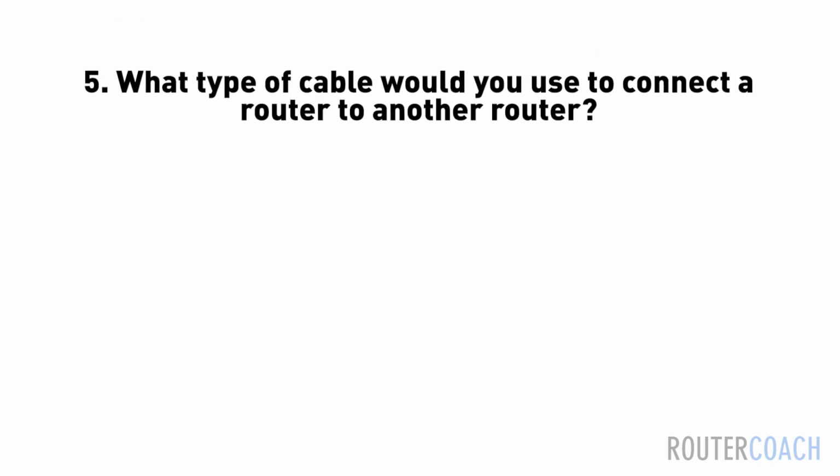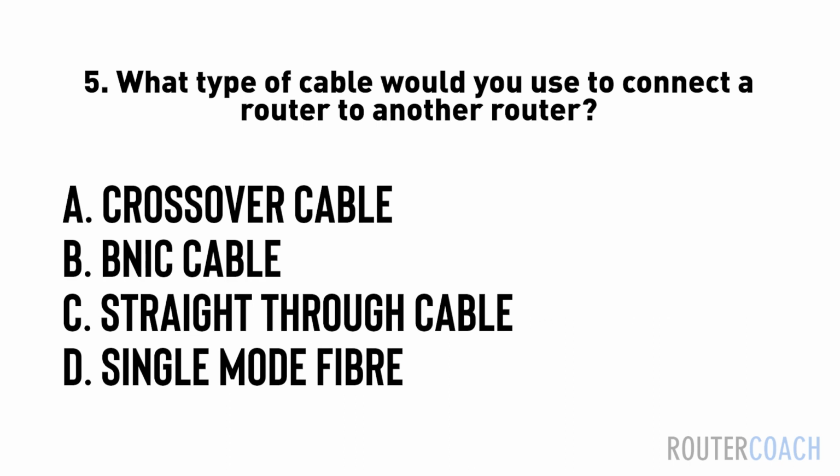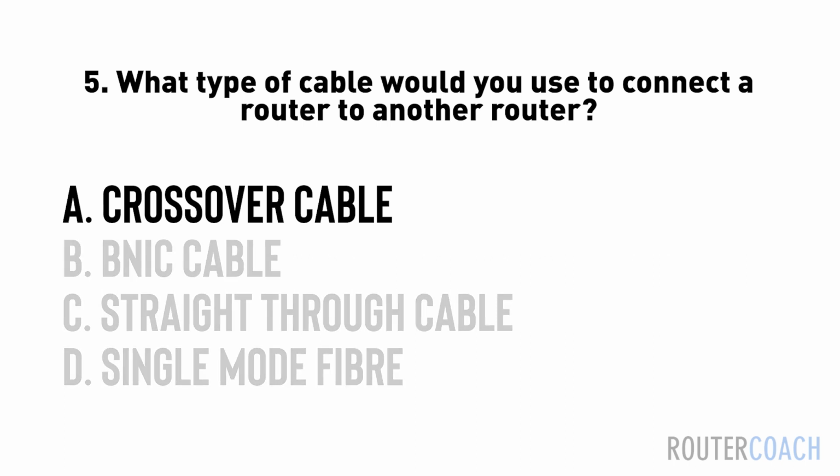What type of cable would you use to connect a router to another router? A. Crossover cable. B. BNIC cable. C. Straight-through cable. D. Single-mode fiber. The answer is A.